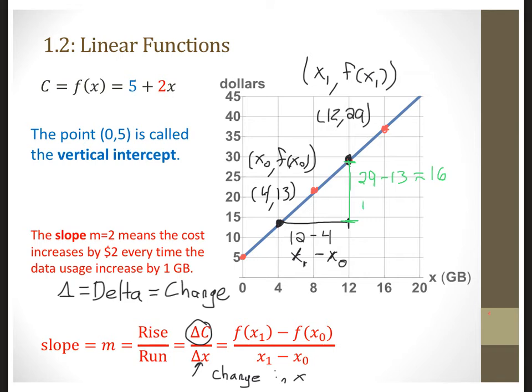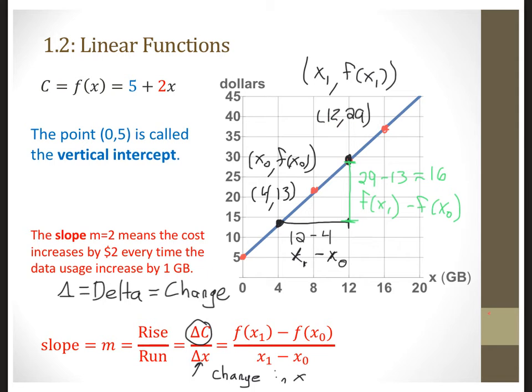And generally speaking, that's where this f of x1 comes from. That was our 29, and f of x0 was the 13. So we take the difference in our outputs. And what's important in this calculation is notice that what comes first in both of these differences are the coordinates of the second point that we have here.